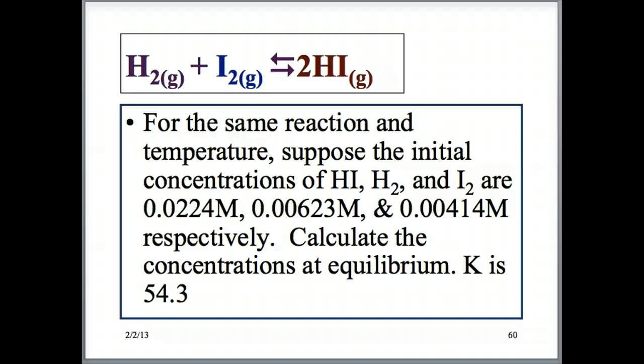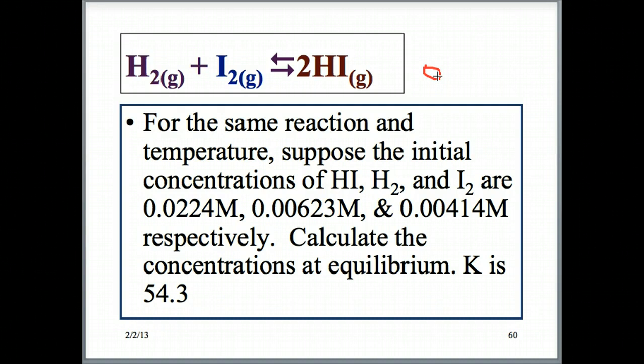Basically, as I grab my calculator, you're going to take your HI concentration and square it, 0.0224 squared, divided by your two reactants, 0.00623, okay, divided by, again, 0.00414. And when you do that, you're going to find out that Q, okay, notice that it only took me a second to calculate Q.